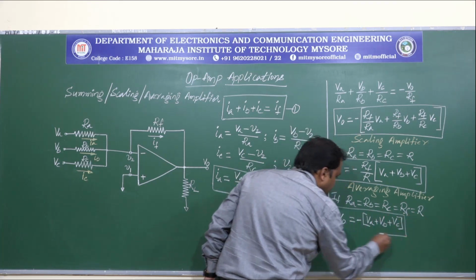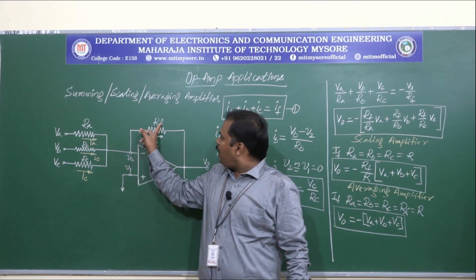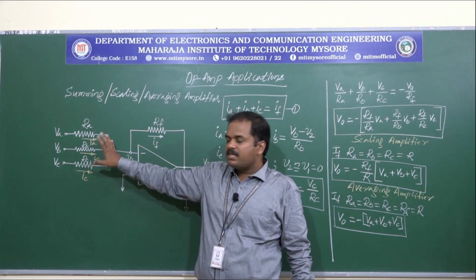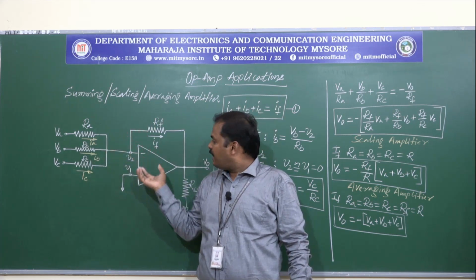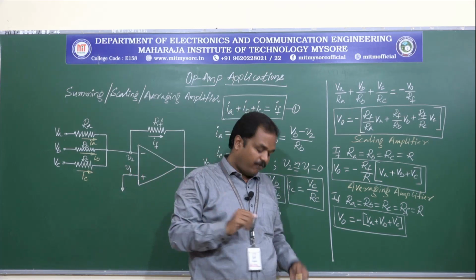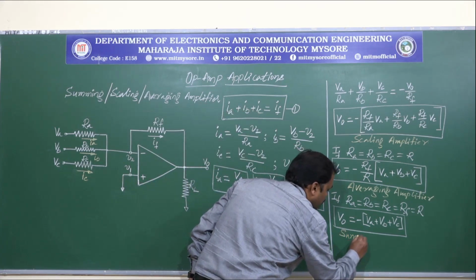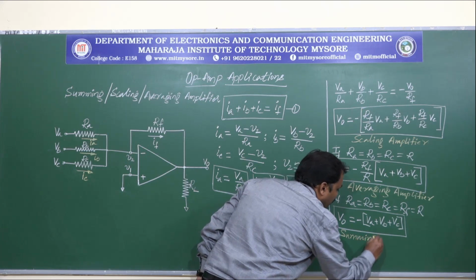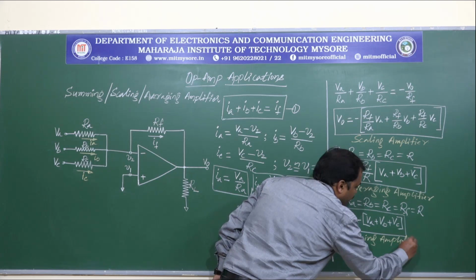So here we can see that in this op-amp circuit, if the input resistance values and the feedback resistance values are equated, then the op-amp will be working as a summing amplifier with negative sign. So this is the expression for the summing amplifier.